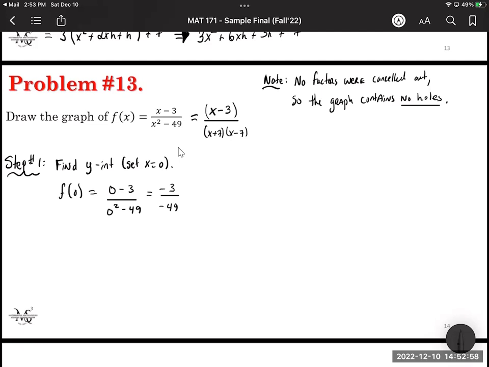So if you look at this fraction, negative 3 over negative 49, you can simplify it by just getting rid of the negatives. This is 3 over 49. So as an ordered pair, your y-intercept is 0, 3 over 49.